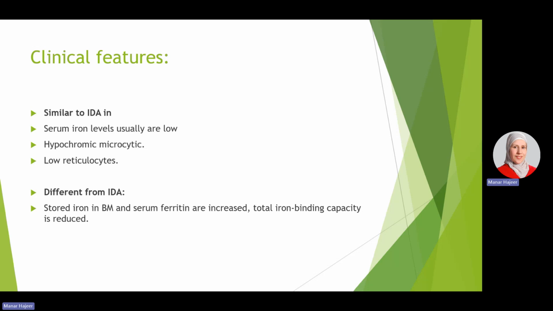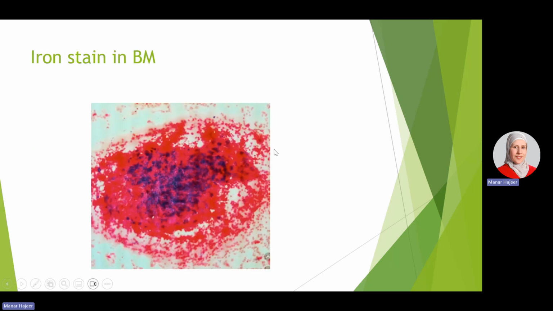The iron is inside the macrophages in the bone marrow. The total iron binding capacity is reduced, unlike iron deficiency anemia. So these are the three differences from iron deficiency. If you perform an iron stain in the bone marrow, it will be increased. This blue color is the iron in the bone marrow.